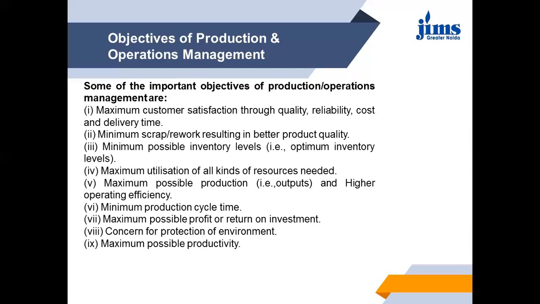And the last but not the least, it's a long-term and ongoing objective, that is maximum possible productivity. That means making the plant or the total system of production so sustained and so efficient that over the years it leads to maximum productivity with minimum inputs. So these were some very important objectives of production and operations management.